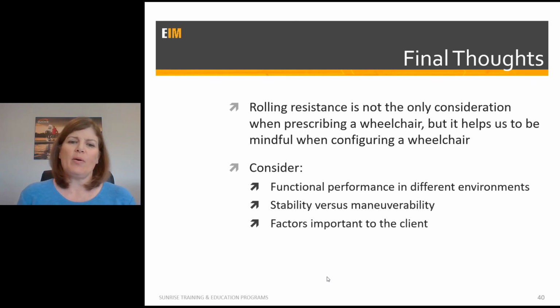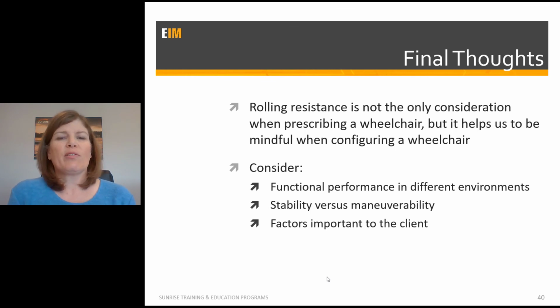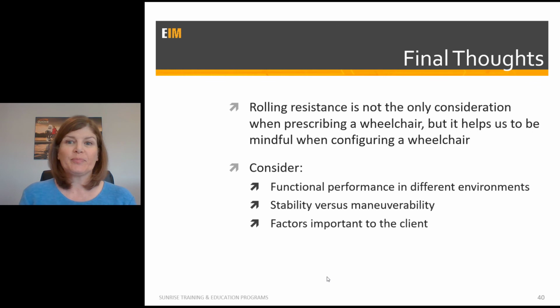So we want to think about the functional performance in the various environments that the individual will be taking their wheelchair and using their wheelchair. We need to think about stability of that wheelchair versus maneuverability and the impacts on the different choices that we make. And then we also, of course, have to include the client and we are considering with them the factors that are important to them.